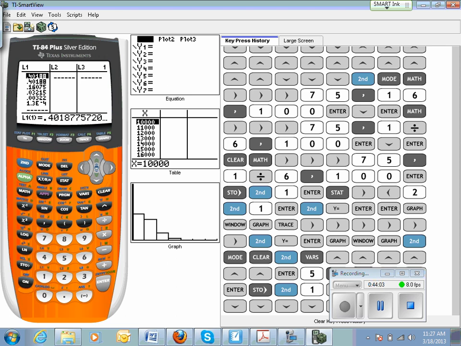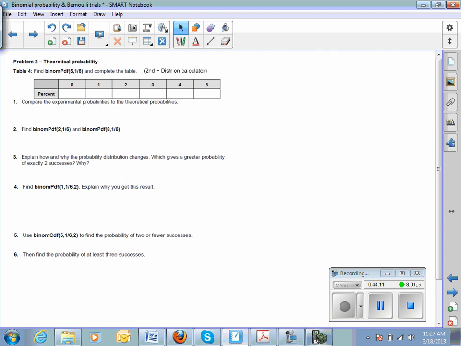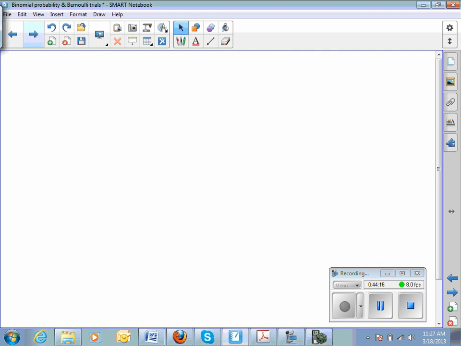All right, so 0.40188. Notice that the probability of 0 successes and 1 success are awfully close to one another. I don't remember us getting that. Did we get that? 0 and 1 coming out the same.